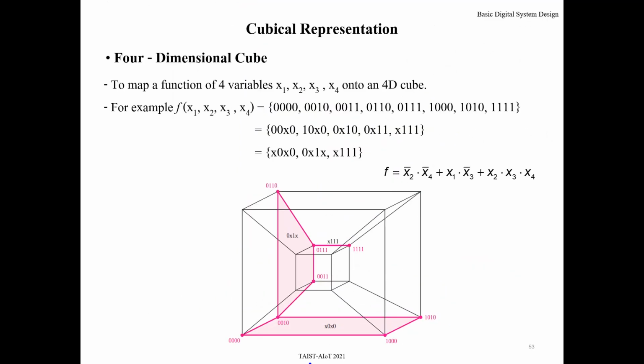So you can write it as x2 prime and x4 prime plus x1 prime and x3 plus x2 and x3 and x4. Okay, that's all.